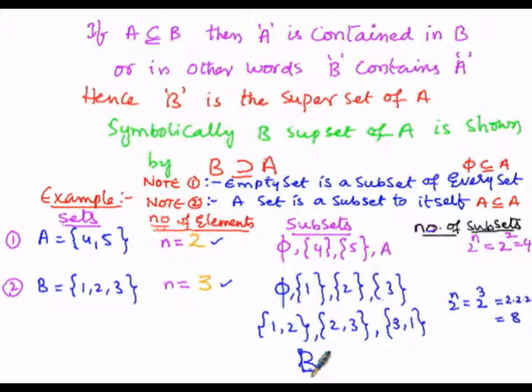Hence, if there are n elements present in a set, then the number of subsets is given by the formula 2 to the power of n.